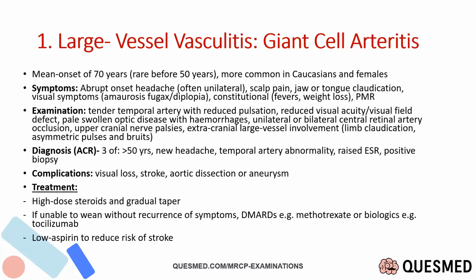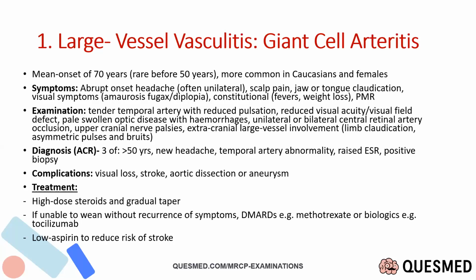There might be reduced pulsation. You obviously want to look at their vision, and the common thing that you might see if an ophthalmologist was looking would be a central retinal artery occlusion. You get a pale swollen optic disc with hemorrhages. But it also makes it very difficult because lots of other conditions can cause that. So it can be difficult when you've got patients with diabetes and hypertensive retinopathy.